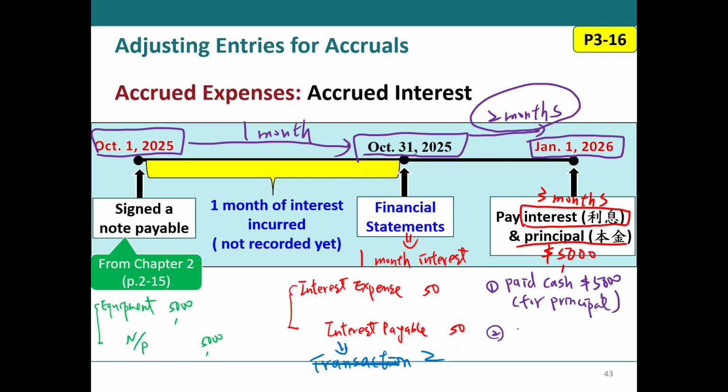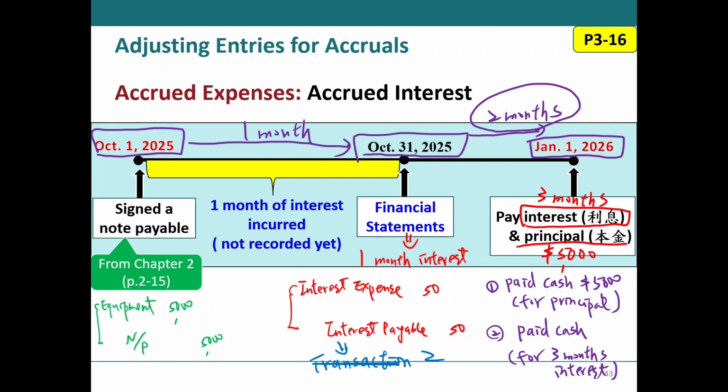Second money you had to pay is for 3 months interest. Could you tell me 3 months interest, how much? Cindy, 3 months interest, how much? $150, right?